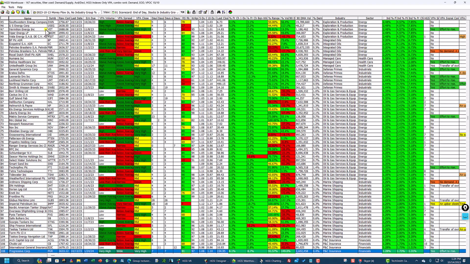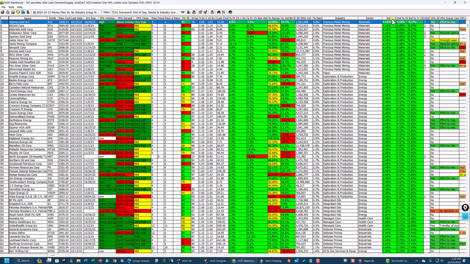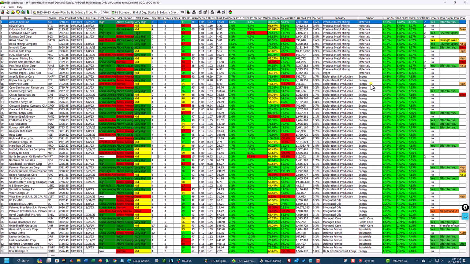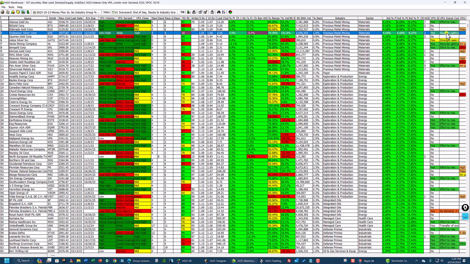But one way to do this is to click on the industry percentage price change on the groups, and then I hit the wrong function key there. And then look over here and look for the VPA flags for some potential trades.